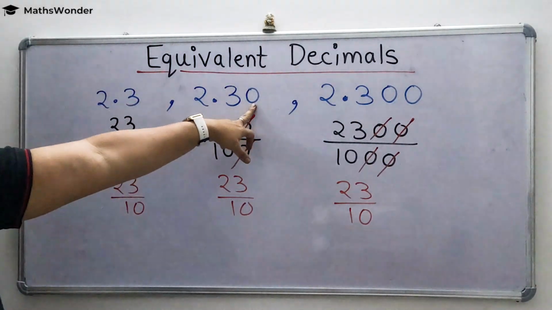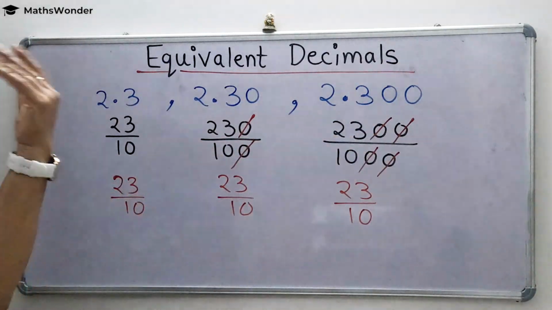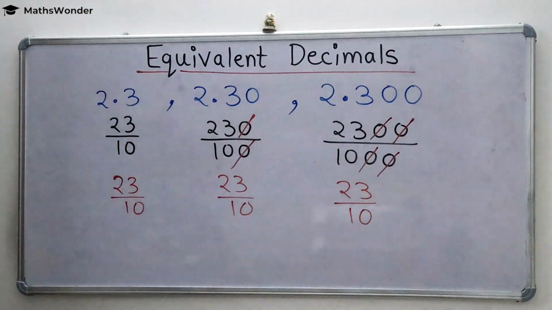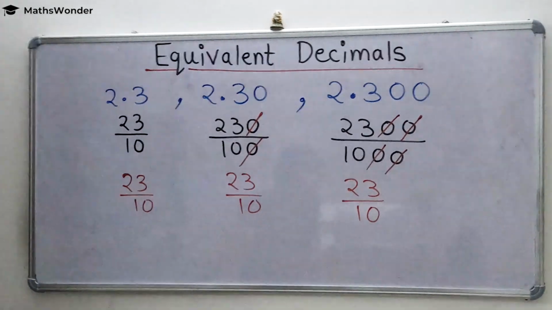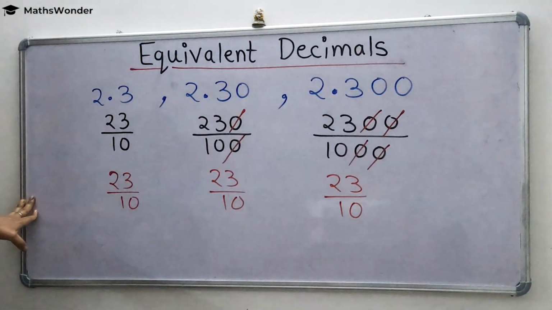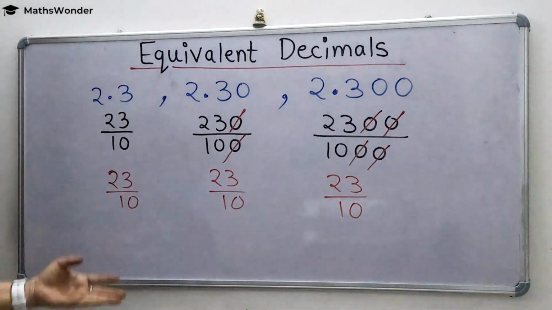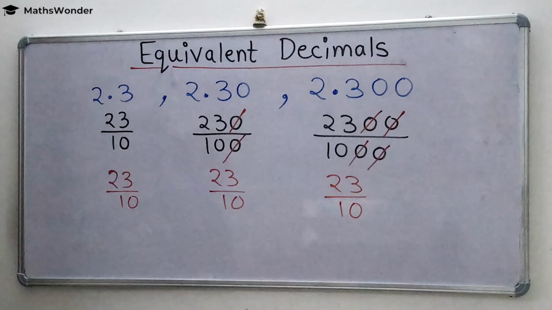If you add one 0, two 0s, or three 0s to the extreme right of the decimal part, the number does not change. So they are all equal when converting fractions into decimals or decimals into fractions. Easily you can convert it.